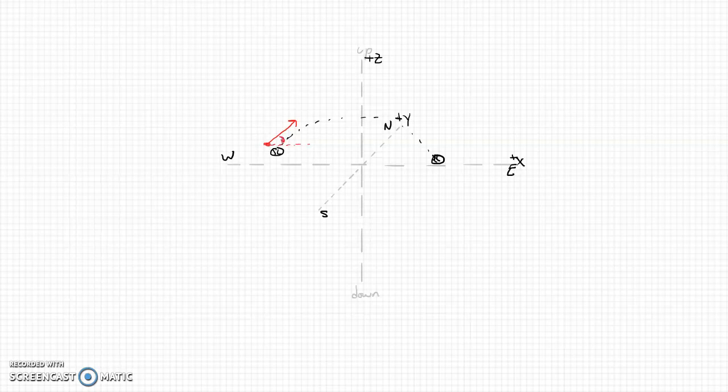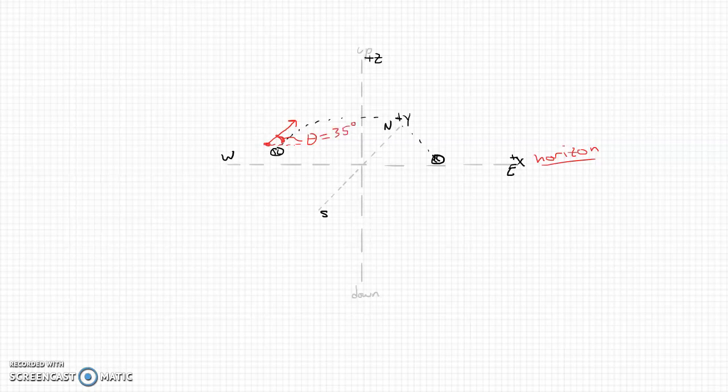And it will be measured in this angle right here, where the direction here is kind of like the horizon. Okay, this is the horizon. And this angle right here would be the angle that we measured. And I don't know, I'm just going to throw a number out here. That looks like about 35 degrees.